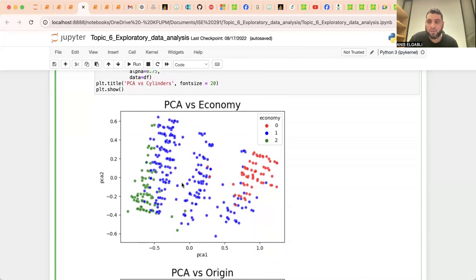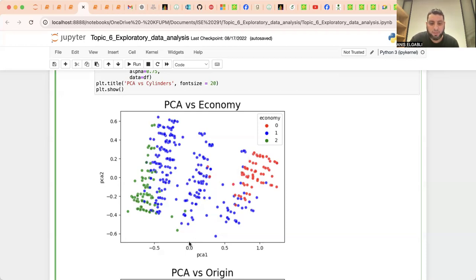Definitely the PCAs, at least the first two, are very uncorrelated, because that's the goal of principal component analysis, right? We want to project to coordinates that cover different angles or perspectives from the data. So they are very uncorrelated, which is good, because if you have uncorrelated components, that means there's no redundancy. How do I know by just looking at the figure that they are uncorrelated?